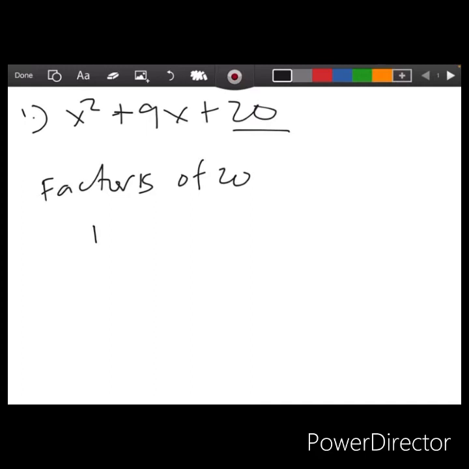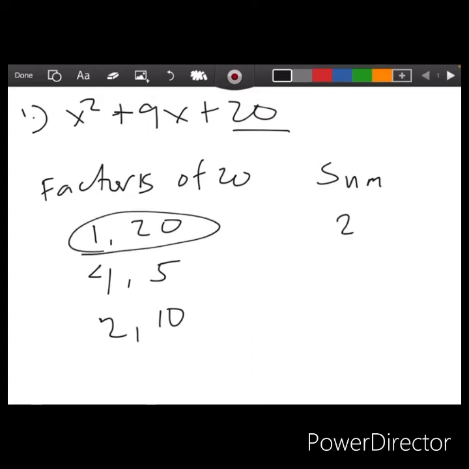We have 1 and 20, 4 and 5, 2 and 10, and the sums of the factors. Of these, we have 21, and this, we have 9, and this, we have 12.